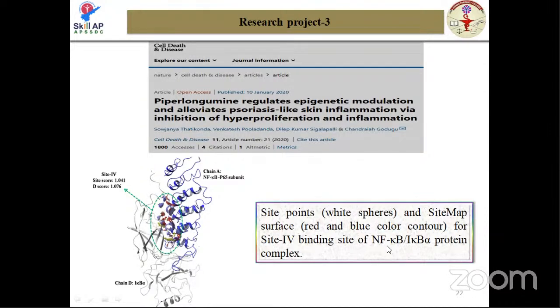Nuclear factor kB is very essential for the regulation of inflammation, but IKB alpha inhibits NFKB. Our intention is to block this kind of action. That means we are enhancing the activity of NFKB, but mitigating or reducing the activity of IKB alpha.